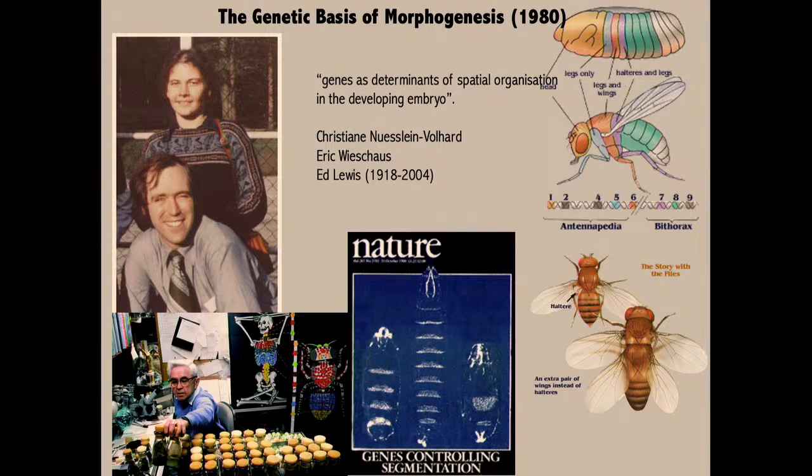And it was in 1980 that Christiane Nusslein-Volhard, Eric Wieschaus, and Ed Lewis, who actually famously identified this four-winged fly, right, that has two pairs of wings instead of one pair of the wing and halter that Shashi was talking about.